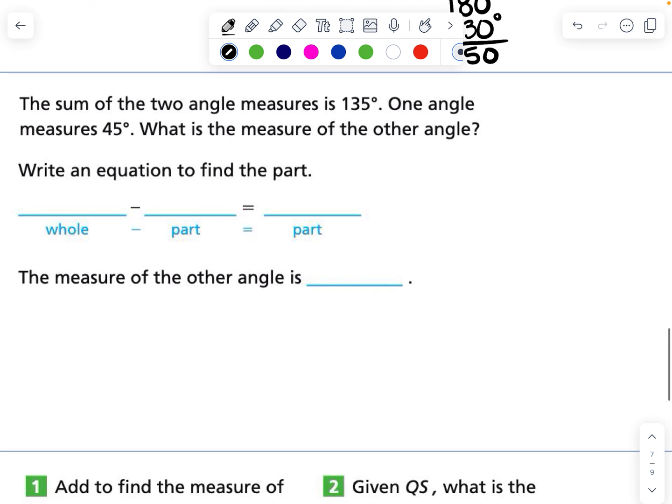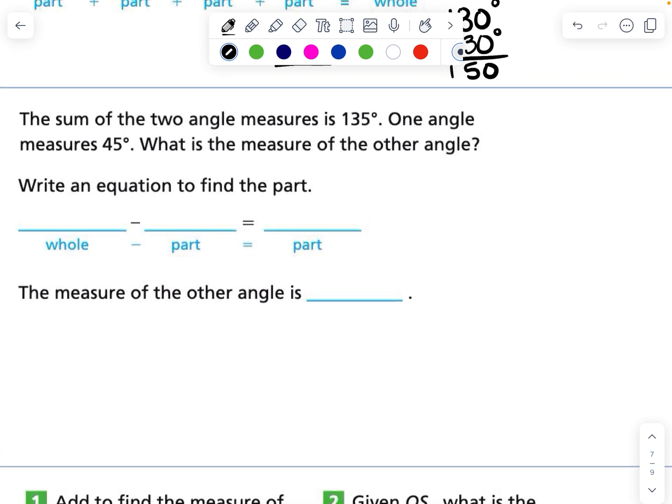If we think about two angles that measure 135, one angle measures 45. I'm going to look at what other angle measure I would need in order to find the missing angle. We know that we have an entire angle that measures 135.